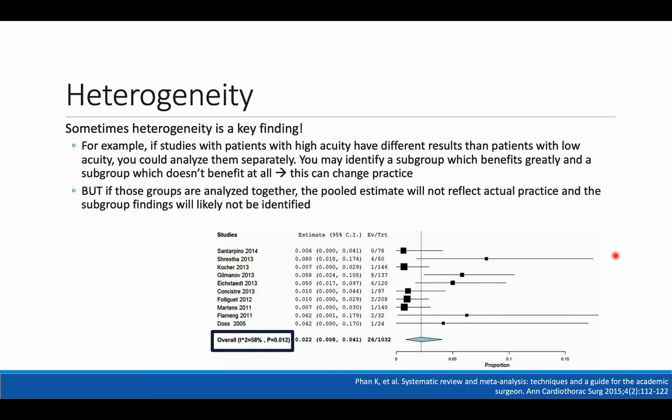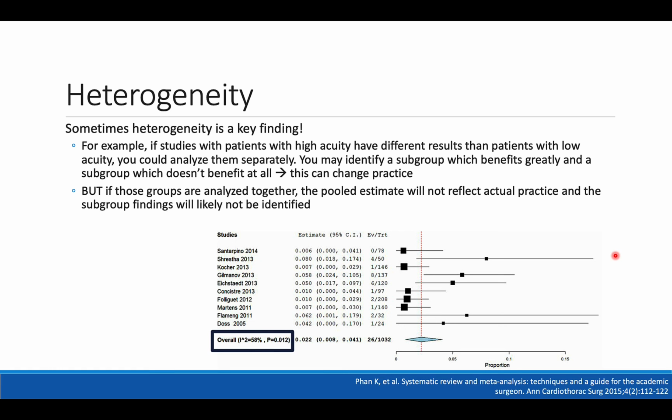So say that you had a medication which was extremely effective in patients who were not very sick, who had low acuity. But it was actually harmful to patients who had high acuity. If you simply average these results, you might find that you had a relative risk of, say, 2.0, which means that maybe the drug was harmful across all patients.